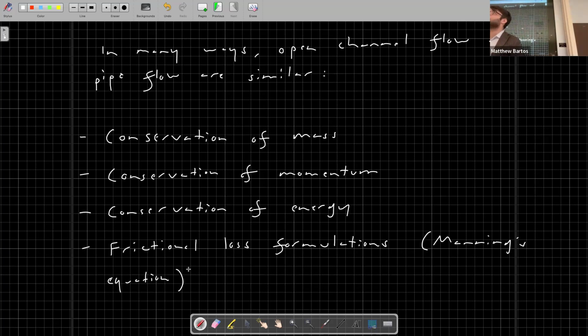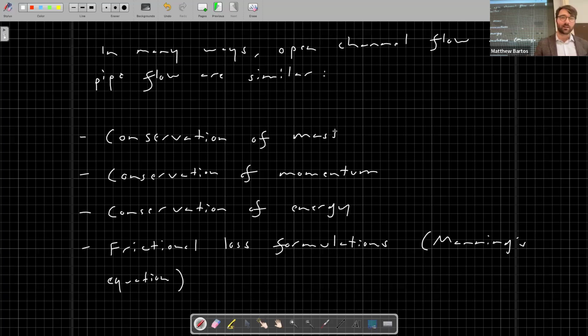But overall, open channel flow and pressurized pipe flow are not different in terms of the physical equations and mathematical tools that we're going to apply. There's just going to be details about each case that changes how we analyze them. And in many ways, open channel flow is a bit more complicated because of those details.